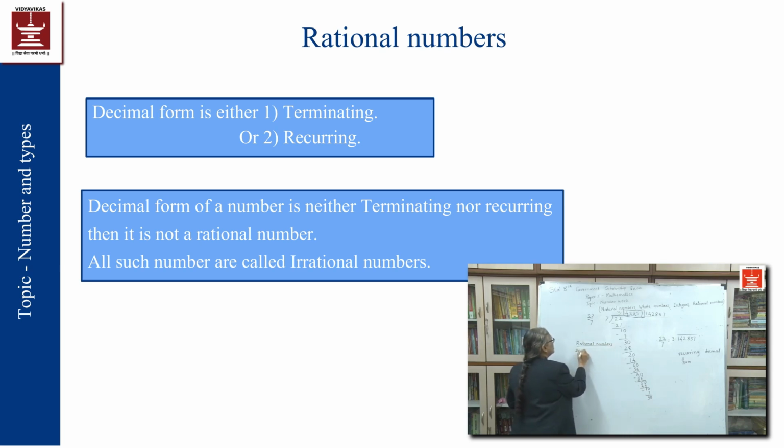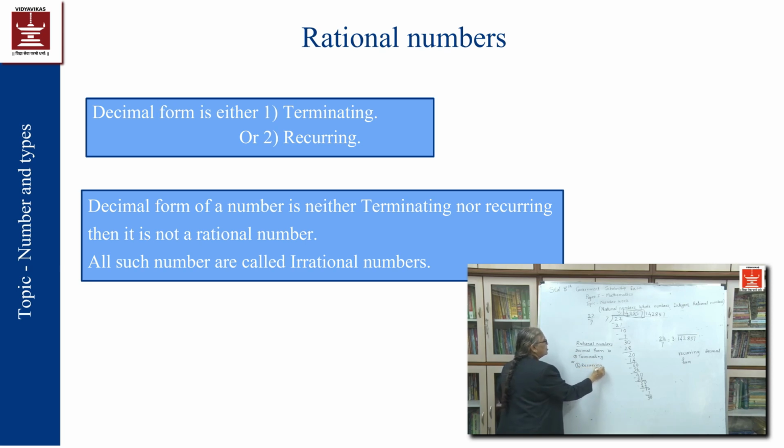Decimal form is what? Either terminating, that is, the division comes to an end and the remainder becomes 0, or it is a recurring decimal form.